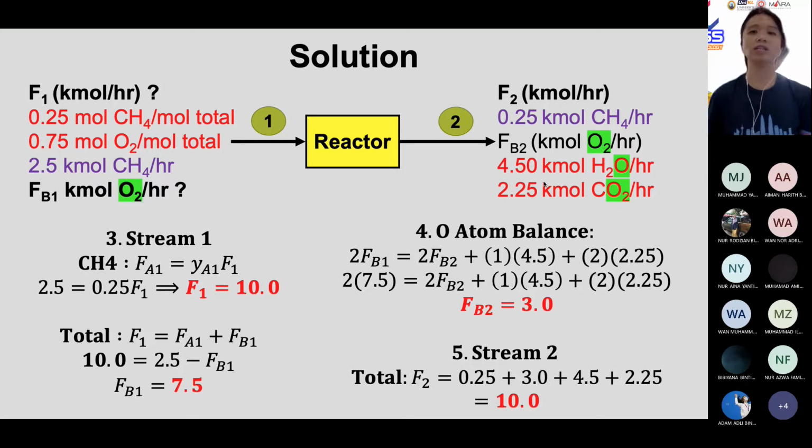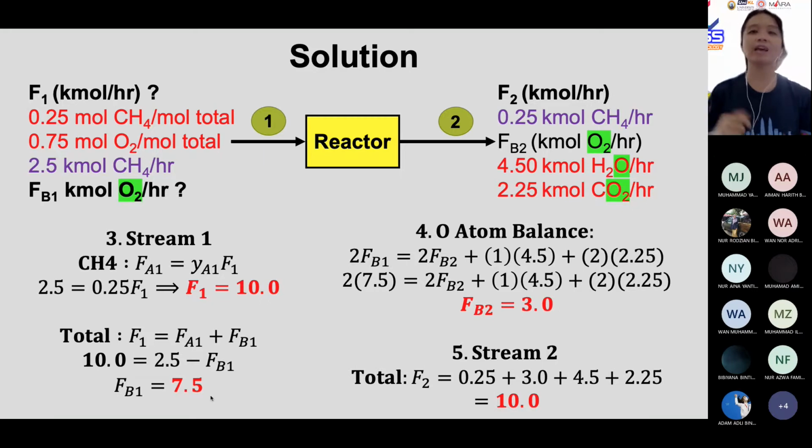Okay. So untuk balance oksigen, again, on the inlet, the oxygen atom only comes from the oxygen gas molecule. So in the 7.5, sebab molar flow rate oxygen kita dah tahu 7.5, kita dah selesaikan. In that molecule 7.5 molecule O2 ada 2 atom oksigen.